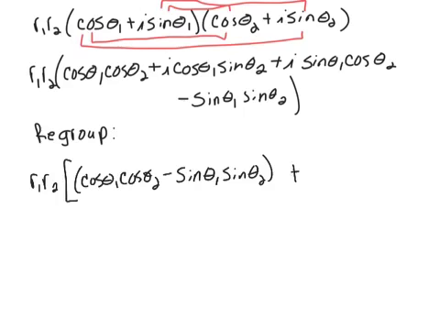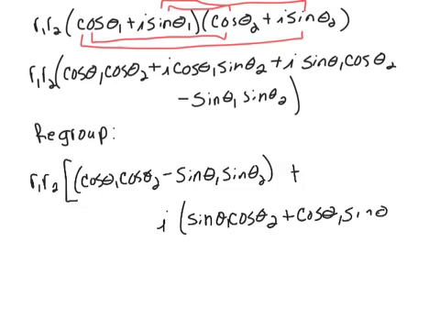Plus, down here, I have the imaginary part, which ends up being sine theta 1, cosine of theta 2, plus cosine of theta 1, sine of theta 2. And again, these two things should look familiar. This one is the angle sum identity for cosine, and this one is the angle sum identity for sine.